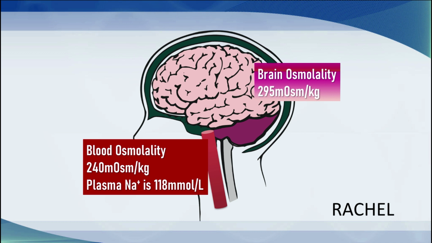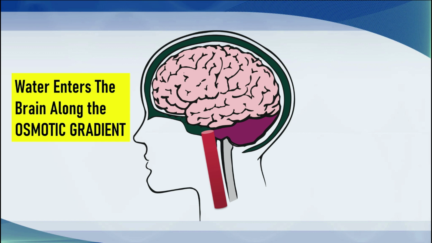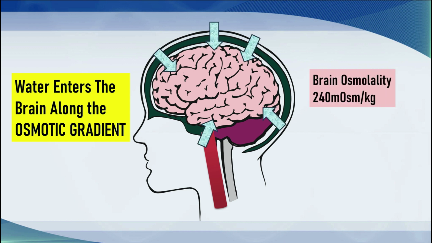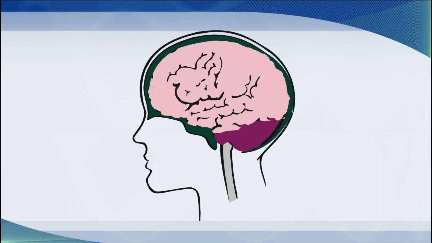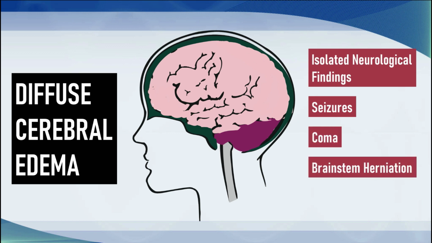By contrast, her brain osmolality is completely normal, 295 milliosmoles per kilo. The result of this is that water rapidly enters the brain along the osmotic gradient. That will continue until the brain osmolality reaches about 240 milliosmoles per kilo. And as a consequence, the brain will become really swollen with water and there is diffuse cerebral edema.